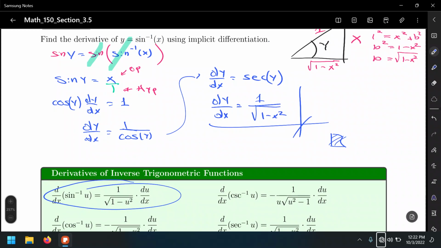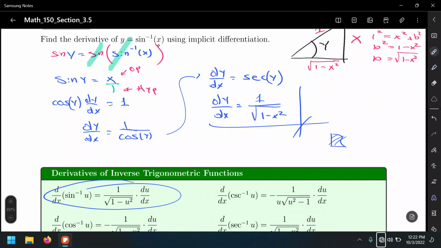Well, that second formula might look different because this is the derivative of the inverse sine function whenever we have a composite function, whenever the argument u is something other than simply x. Then we just multiply by the derivative of that quantity inside parentheses.